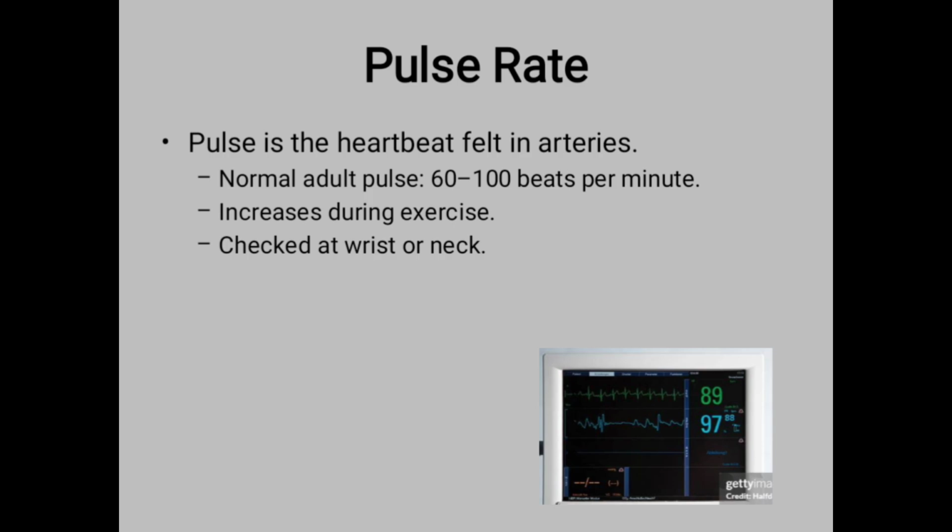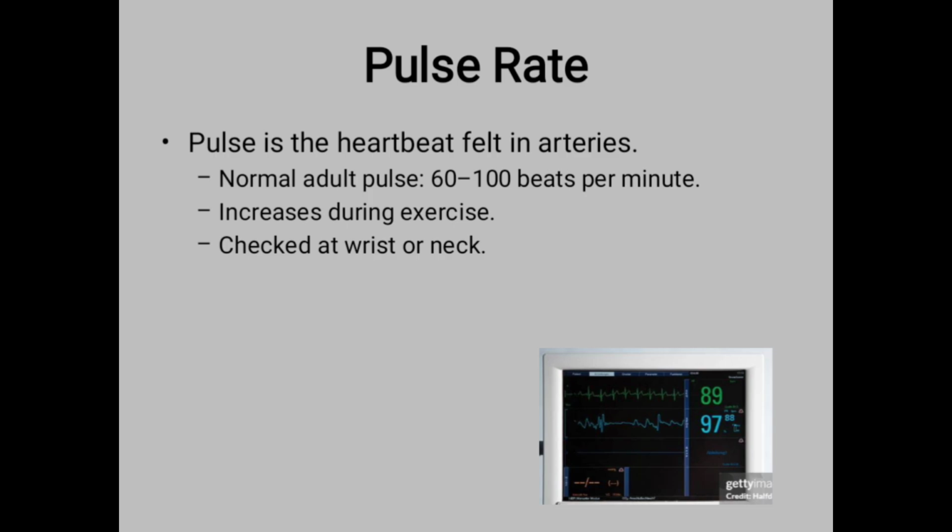When we take you to the hospital, we get to know that you have a heart attack. And because of that, they use an emergency room. There, like the picture I have shown you, there is a machine that measures your pulse rate, meaning heartbeat, how much it is. Like you can see 89, 97, like that.